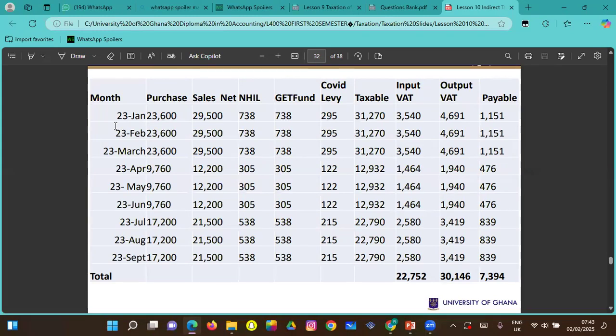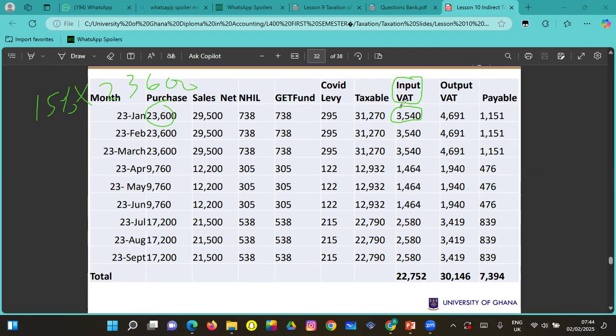So this input VAT here, because they are using the current tax rate of 15%, is going to be 15% times the purchase.